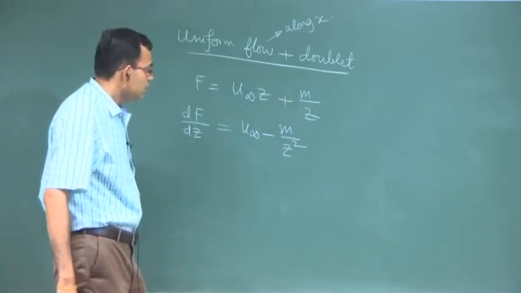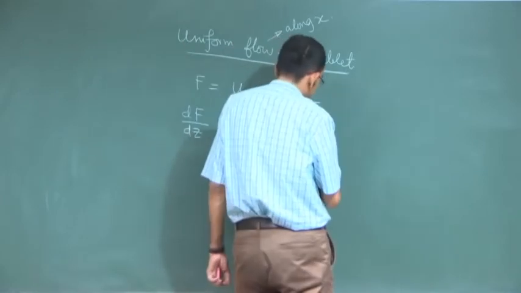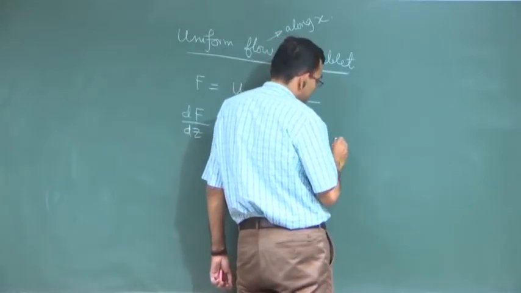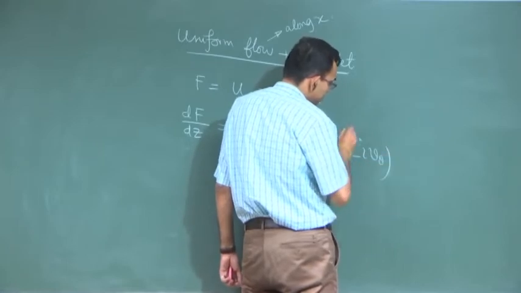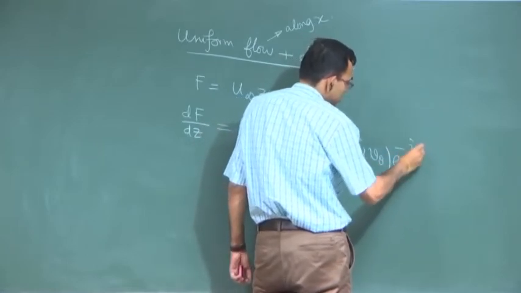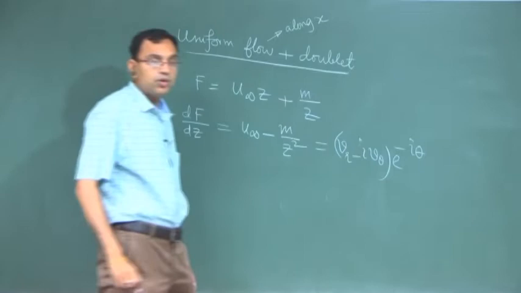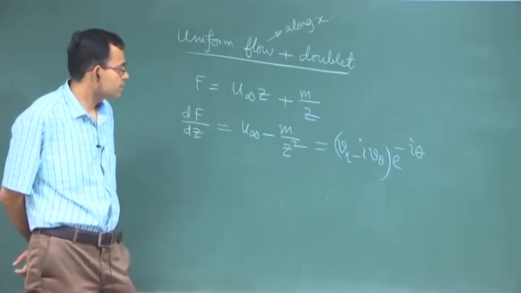This is nothing but V r minus i V theta, into e to the power minus i theta.